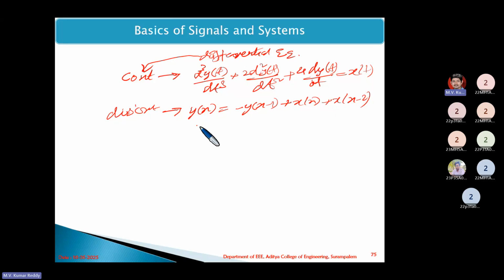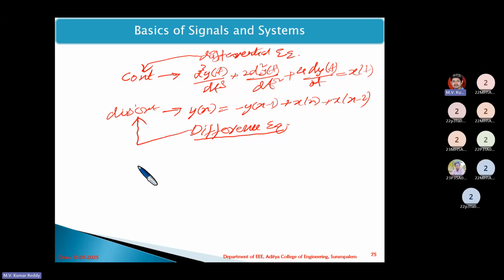Whenever these equations, this equation is called a difference equation. Whenever a difference equation is mentioned, automatically it goes to a discrete signal or discrete system. This is very, very important.